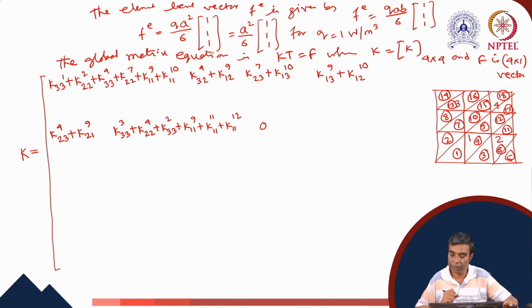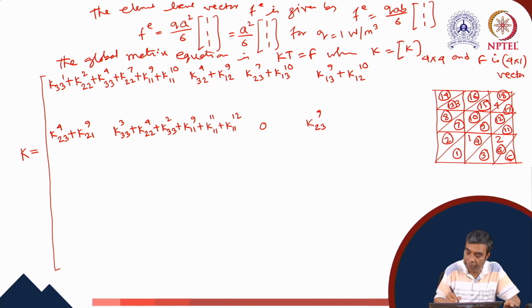Now equations 2 and 4 belong to elements 9 and 12. So K24 equals K239 plus K1312.